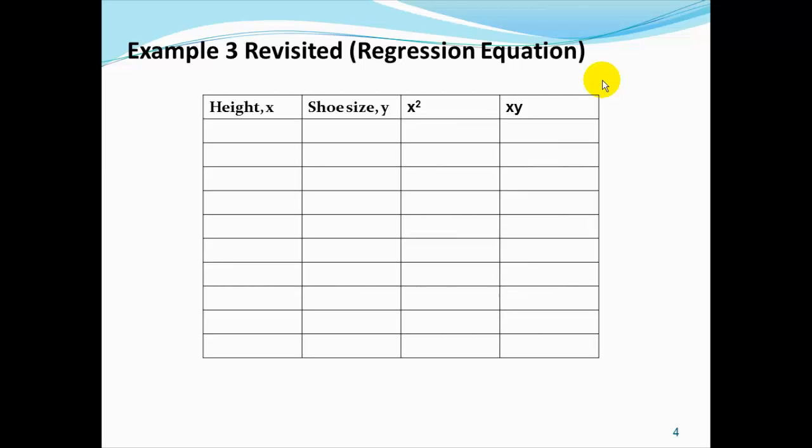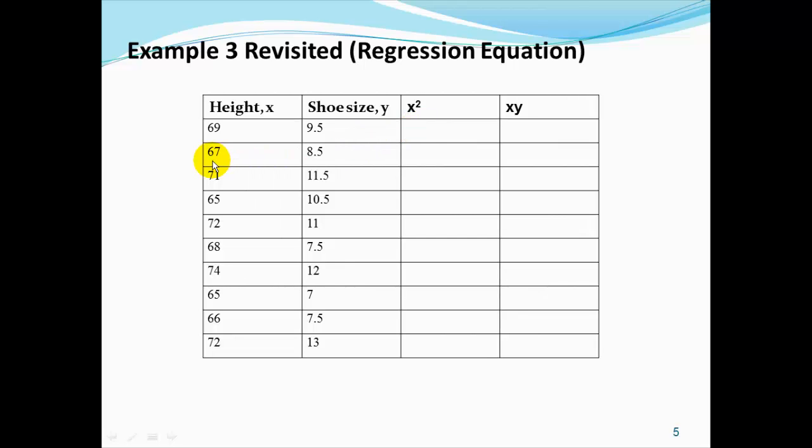Let's insert the data into the first two columns for our example 3 problem. Now in the third column, you should square each x value for the row and place that squared value here. So first we should square 69 and place the value here.